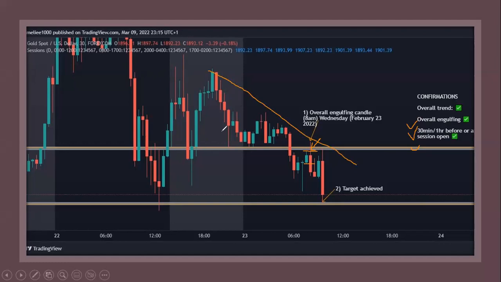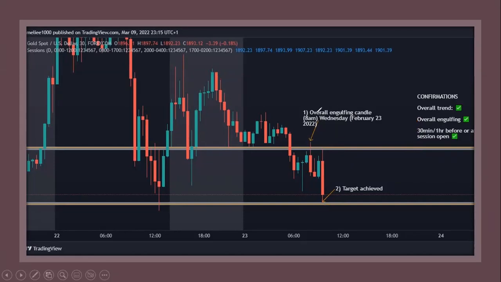As this happened, sells could have been taken here. As soon as the confirmation candle closed, stops above here and TP here. And you can see that the candle, after dilly-dallying, still went down to tap our target. Does it make sense?